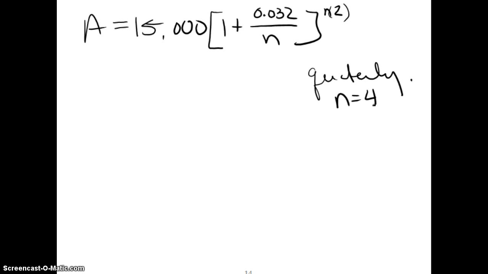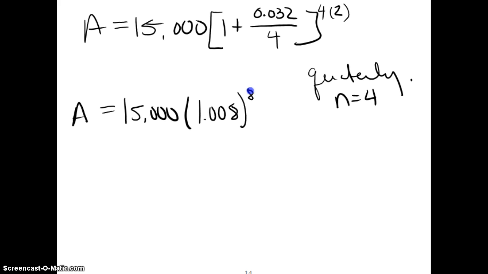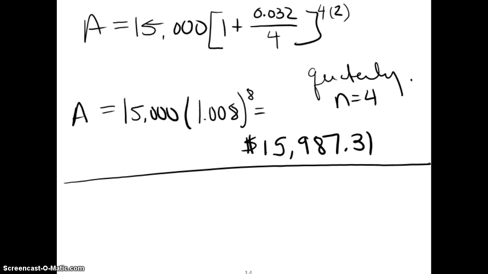So I go back and I plug in 4 for my n. And I do the same exact thing that I did before. I'm going to simplify the inside just because it's easier on me. I get 1.008 over 8. And I plug that into my calculator. And I get a total of $15,987.31.